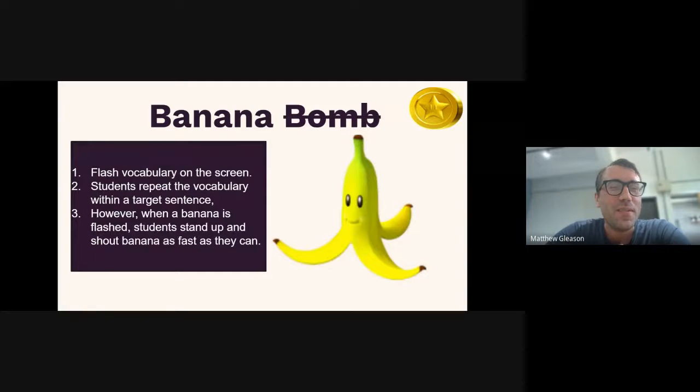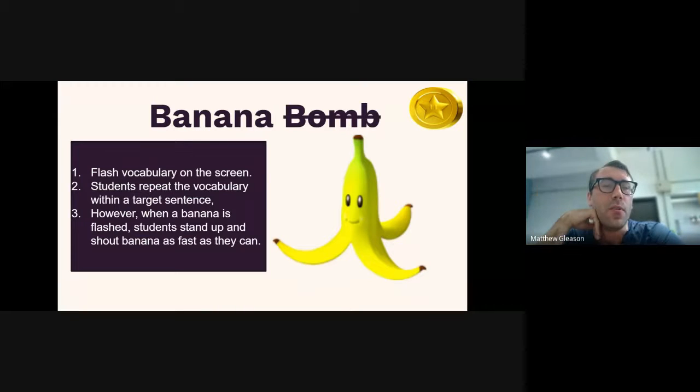So I would flash vocabulary on the screen. Students are going to repeat the vocabulary within a target sentence. However, when a banana is flashed, students stand up and shout banana as fast as they can. And you can give team points to whatever team does it the fastest. You can give a few points. Just the point system will encourage engagement and motivation for the task.